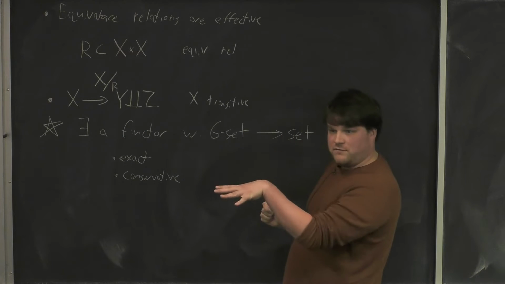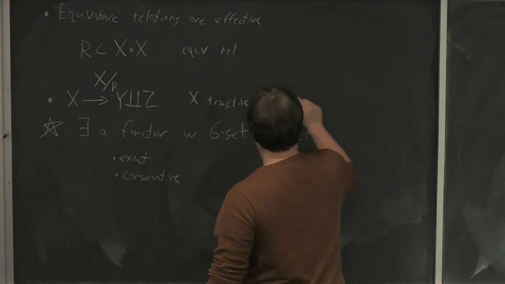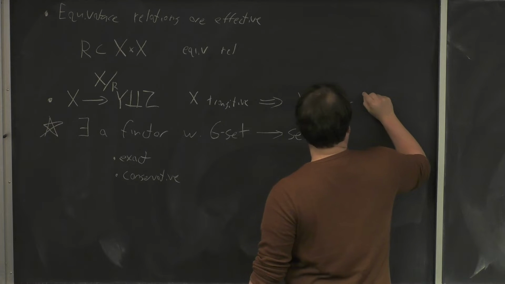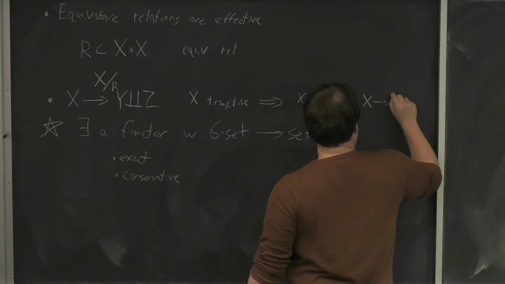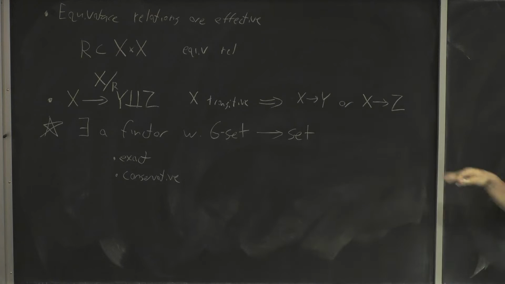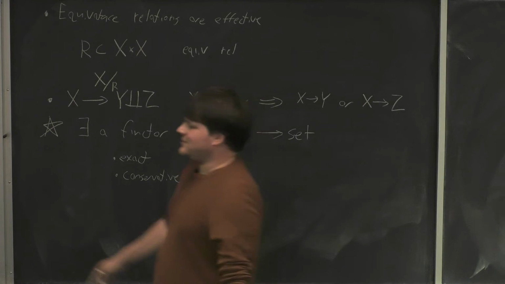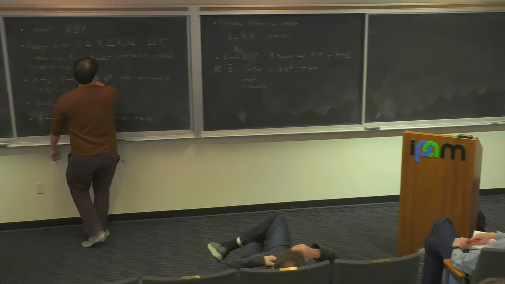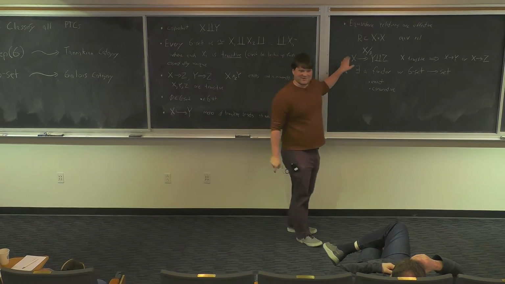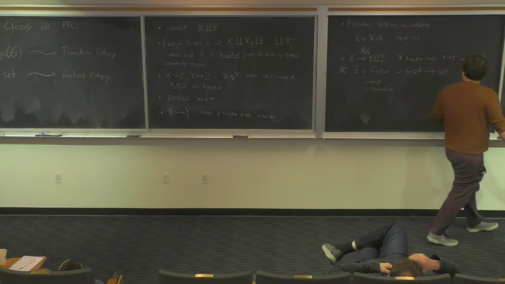Then it factors through one of them, really an exclusive or, one or the other in a unique way. And this is getting at when you asked, is this decomposition unique? That's really encoded in this axiom.